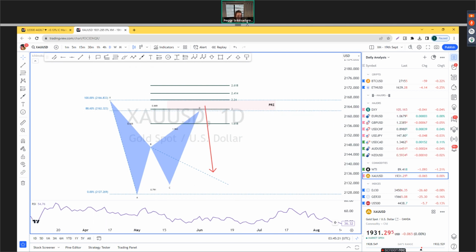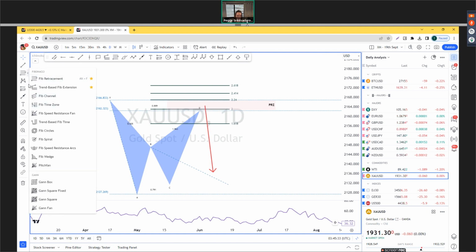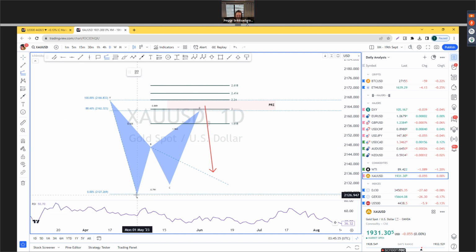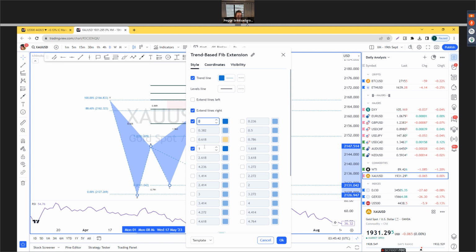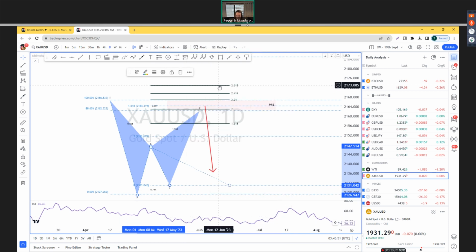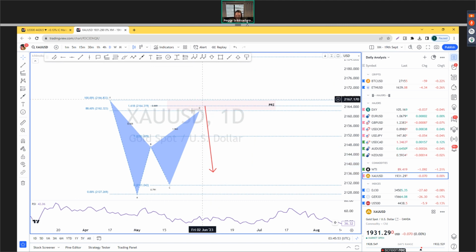And then BC extension, yeah, it could be a projection of 161.8 and 61.8% of BC. One six one to 200 is here, here.